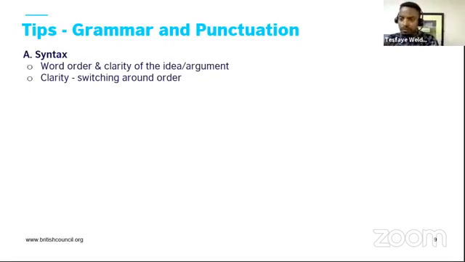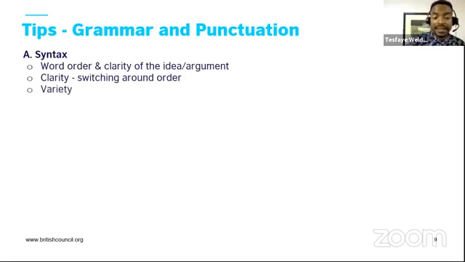So you choose the right structure, and that should come with appropriacy. But for clarity's sake, you shouldn't use the same structure all the time, yeah? You should switch around orders and see if they're clearer to the audience.